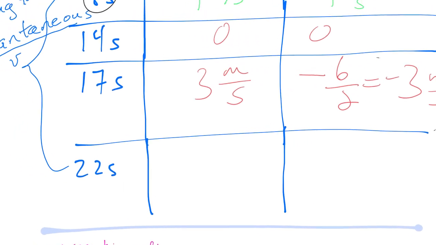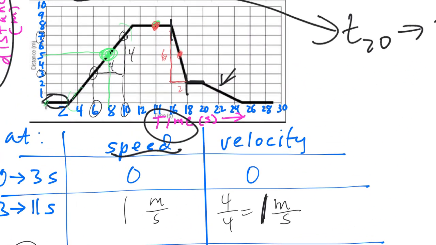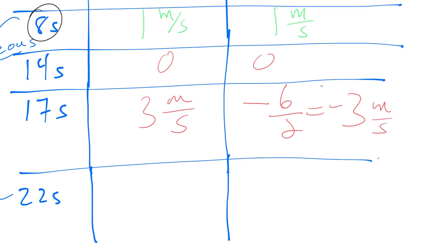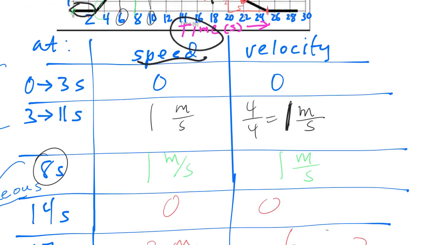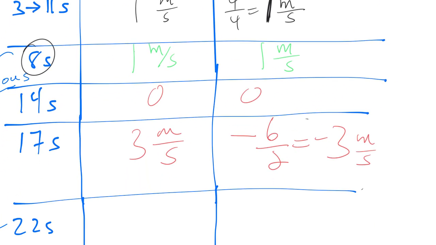Okay, and then 22 seconds, right here, find the slope of this line. The rise is 2, the run is 20 to 25, it looks like. So that's 2 over 5, downhill, so negative 2/5, which is 4/10, negative 0.4.